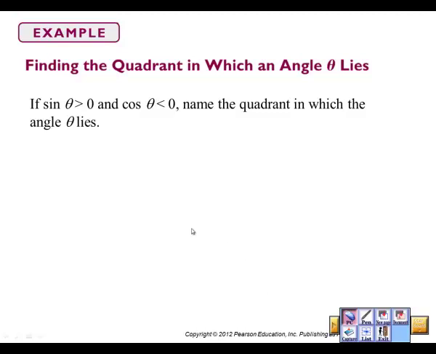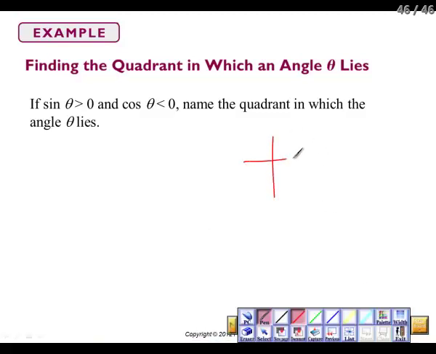So now we can use that to help us to solve problems. We want to find the quadrant where sine is positive. Since sine is positive, that means the y values are positive. So we're looking at either quadrant 1 or quadrant 2 for sine being positive.